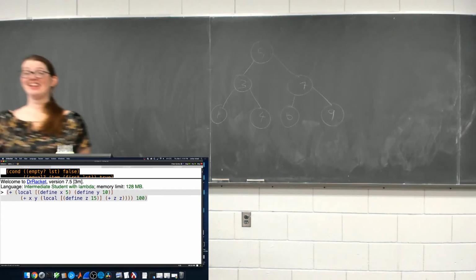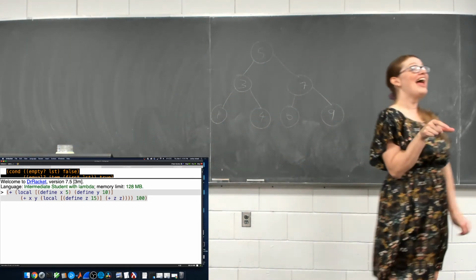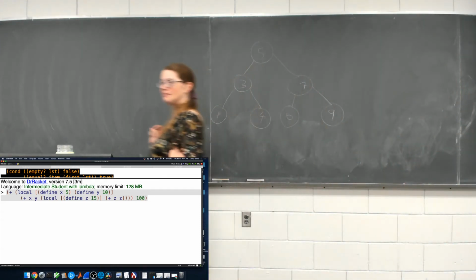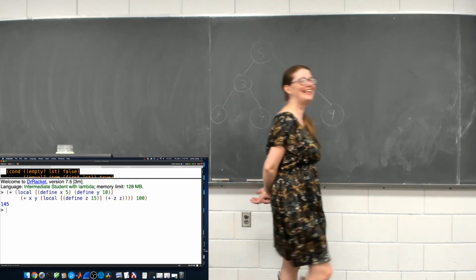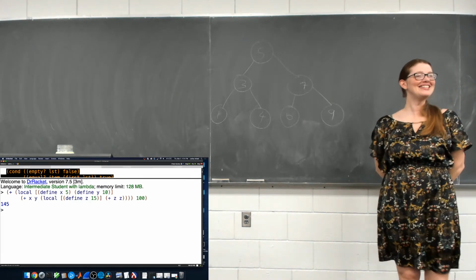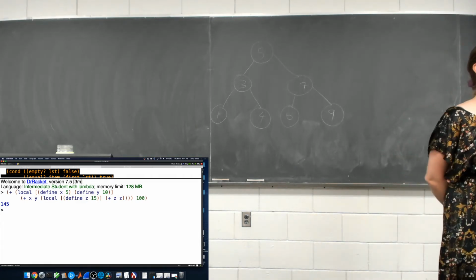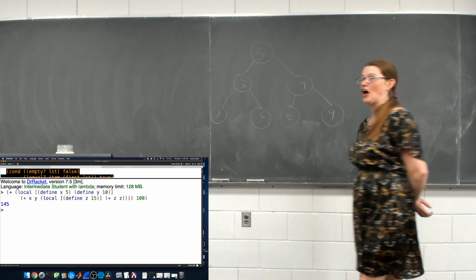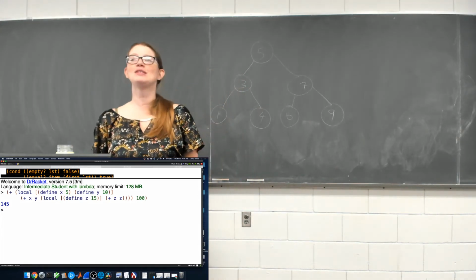There we go. I have a local being used as an argument to add, and inside the local I have another nested local. And it works. That's fun, isn't it? So you can have a local as a question in a cond, and you can have a local as the answer in a cond, and you can have a local as an argument. You can have a local anywhere where an expression needs to go.